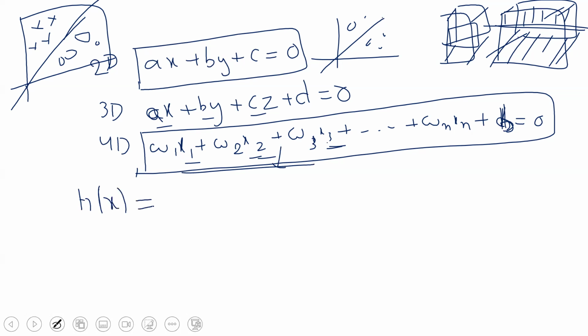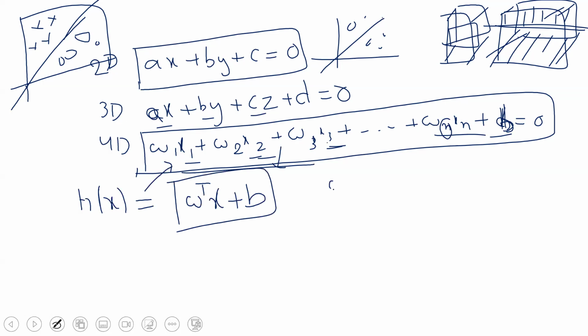Okay, and h of x can be written as w1 x1 plus w2 x2 plus w3 x3 and so on, up to wn xn, depending on the dimensions. If it is an n-dimensional hyperplane, it stops at wn xn plus b is equal to 0. The simple form of representing this is w transpose x plus b is equal to 0. This is the simplest form of representing a hyperplane.